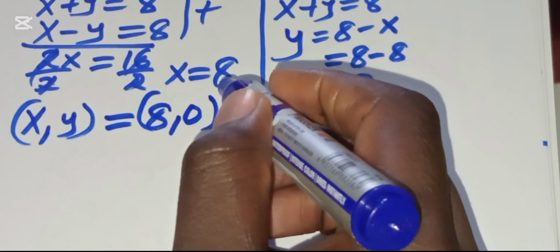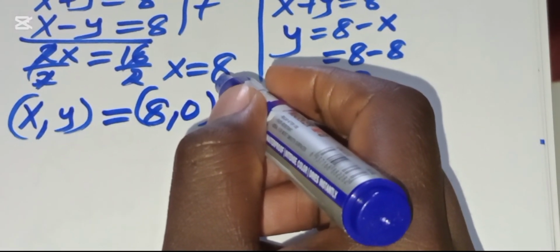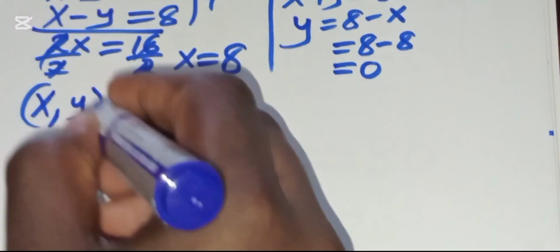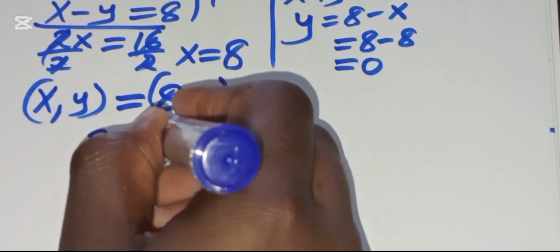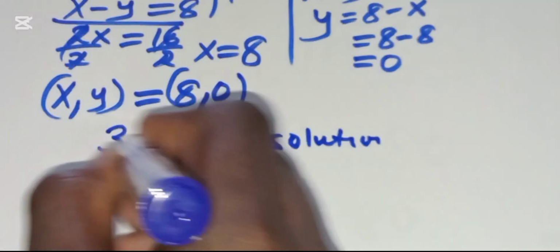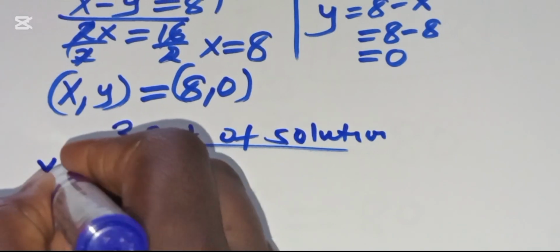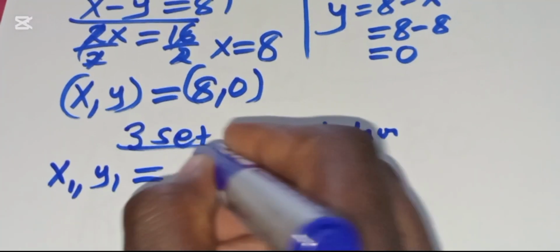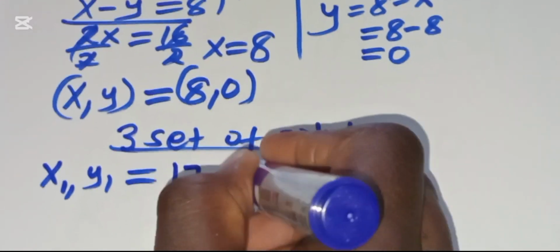So from here, we have 3 sets of solutions. We have x1, y1 equal to 17 and 15.